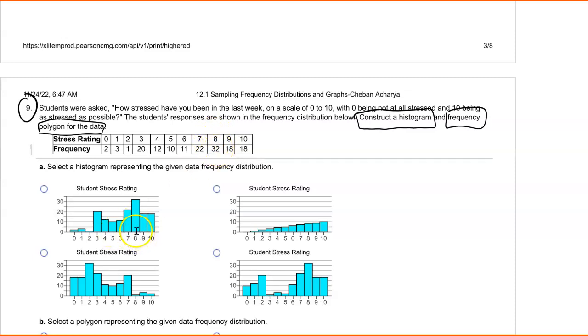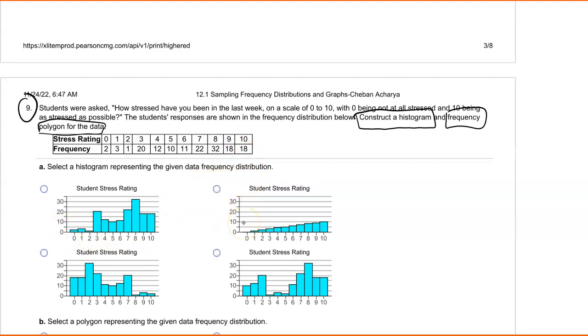If you look at the 8 here and look at the height of the bar, it is going to be 32. For 0 stress level you have 2 people, for 1 stress level you have 3 people. And look at the frequency here.